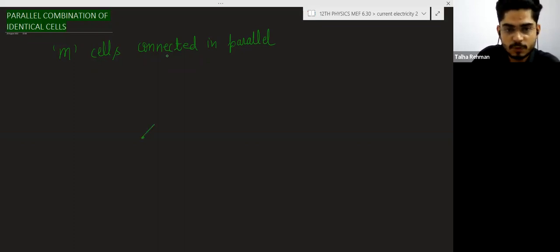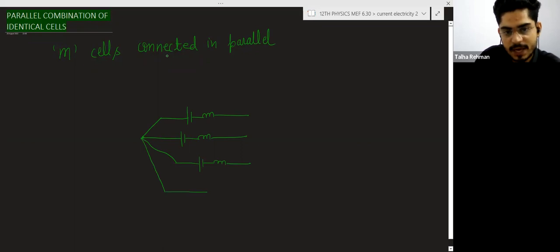So suppose one cell is connected like this, another cell is connected like this. So we have m number of cells connected like this.